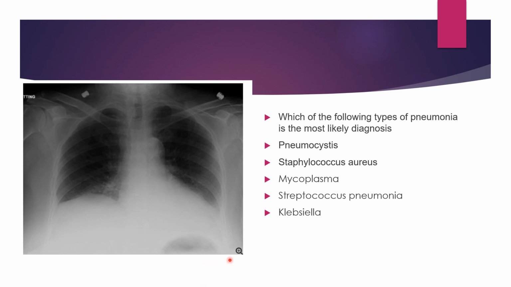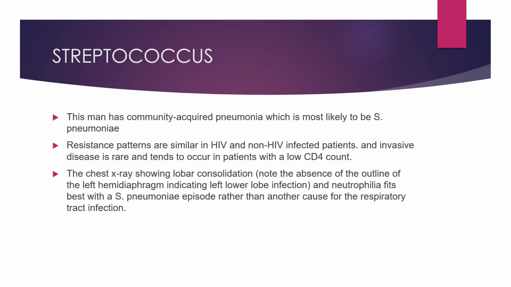So if there is neutrophilia, lobar consolidation in an HIV patient, you can go ahead with Streptococcus pneumonia. Even if there is no HIV, the most common cause of community acquired pneumonia is Streptococcus pneumonia only. So these are the points that I've already told you.